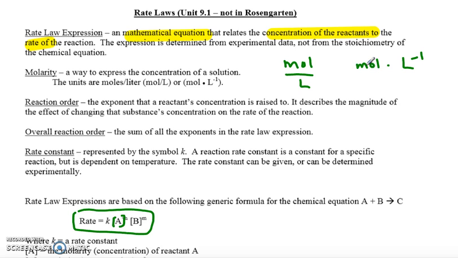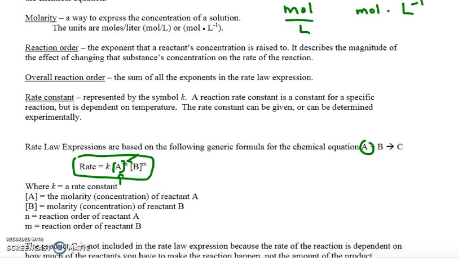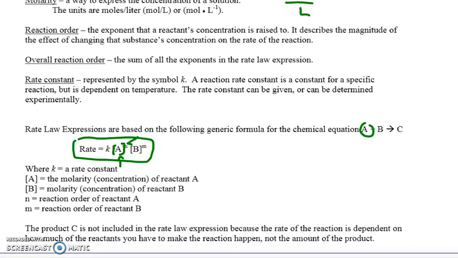So if you have reactant A, the concentration of reactant A raised to the power of N times the concentration of reactant B raised to the Mth power. I'm going to scroll this down so we can see all this. Those exponents refer to the reaction order of reactant A, what effect it has on the overall reaction rate, and as is M for reactant B.